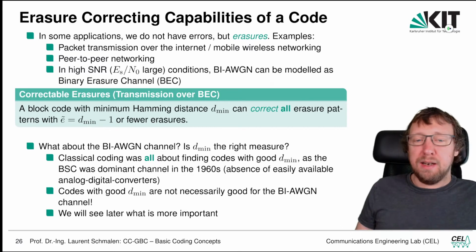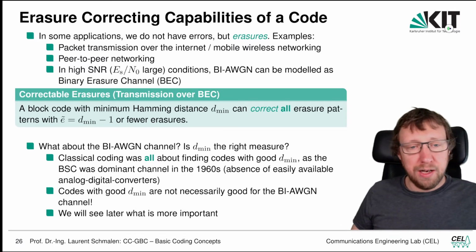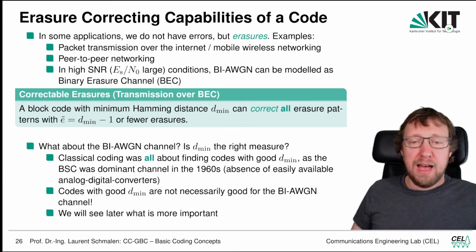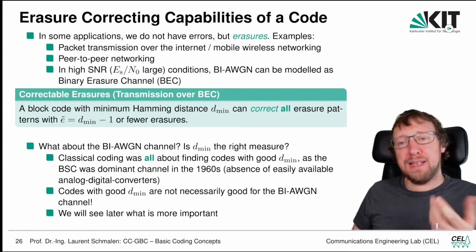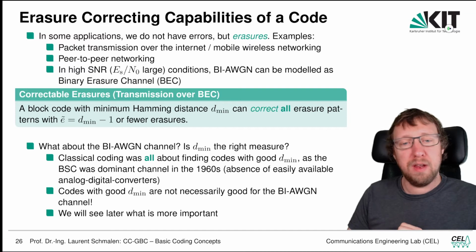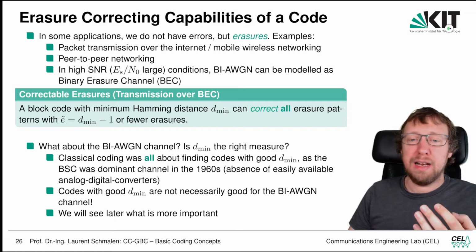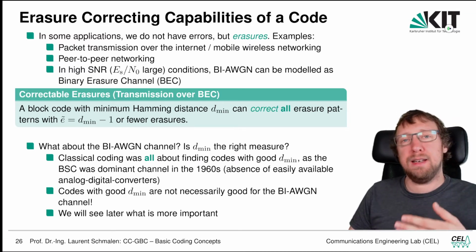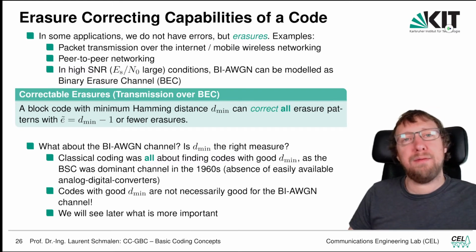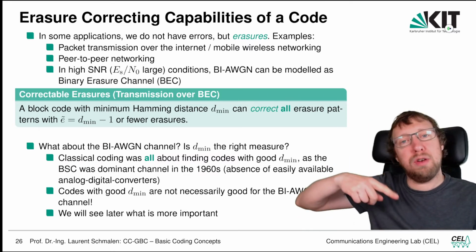So what happens in the binary input AWGN channel? Well, we may ask, is this still the right measure? Essentially, in classical coding, everything evolved around the binary symmetric channel, because that was the dominant channel in the 1960s, 1970s, and even the 1980s, because we didn't have efficient analog to digital converters, and we just used a binary thresholding device.